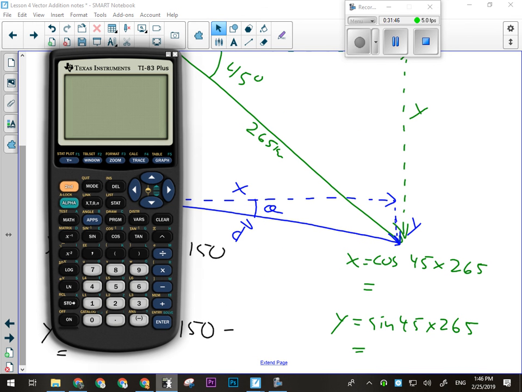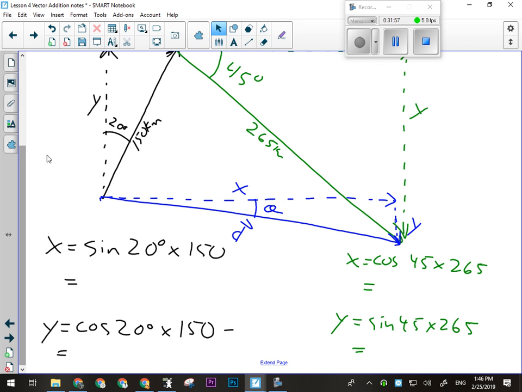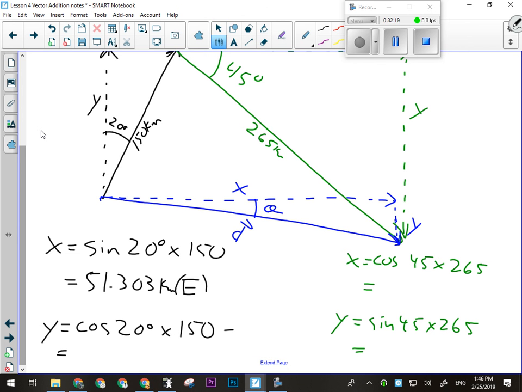So here's what we are looking at on this one. First off, sine of 20 times 150. So we've got 51.303 kilometers, and that's east. And then we've got the cos of 20 times 150. So that side's going to be 140.954 kilometers, and that one's north.